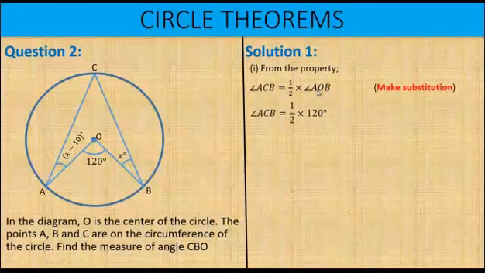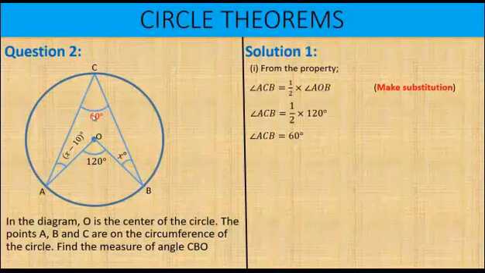By substitution, angle ACB is equal to 1 over 2 times 120 degrees, and that would give us 60 degrees. So angle ACB is equal to 60 degrees. Let's write that in the diagram.